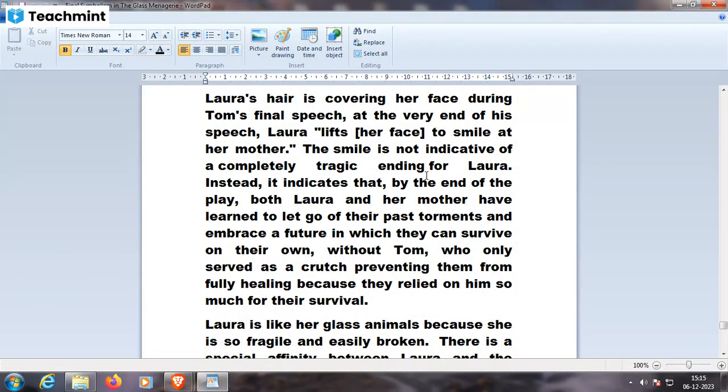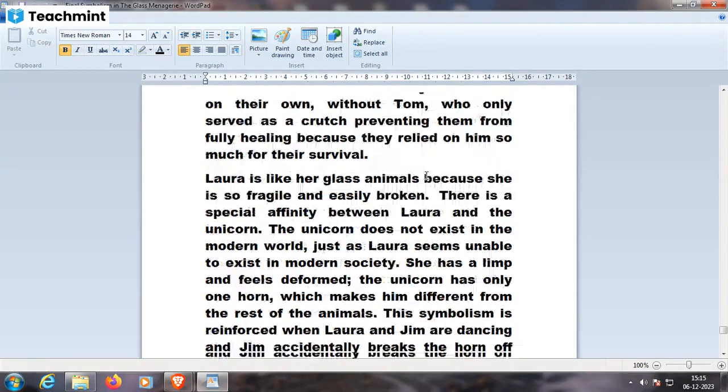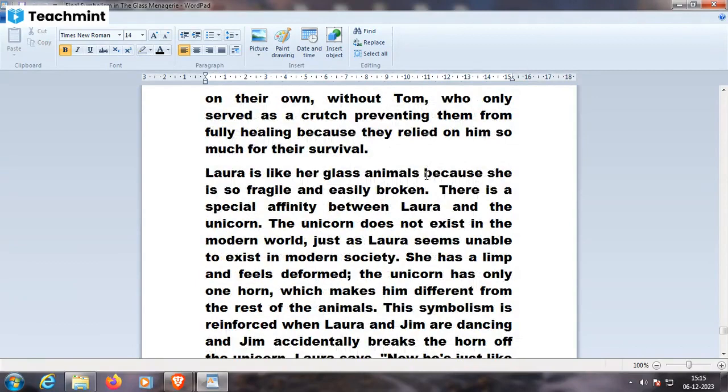Laura is like a glass animal because she's so fragile and easily broken. There is a special affinity between Laura and the unicorn. The unicorn does not exist in the modern world, just as Laura seems unable to exist in modern society. She has a limp and feels deformed. The unicorn has only one horn, which makes him different from the rest of the animals.